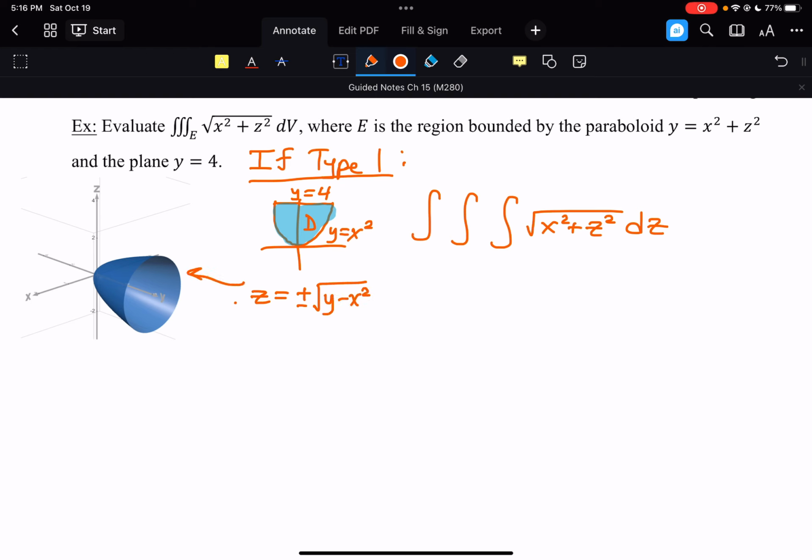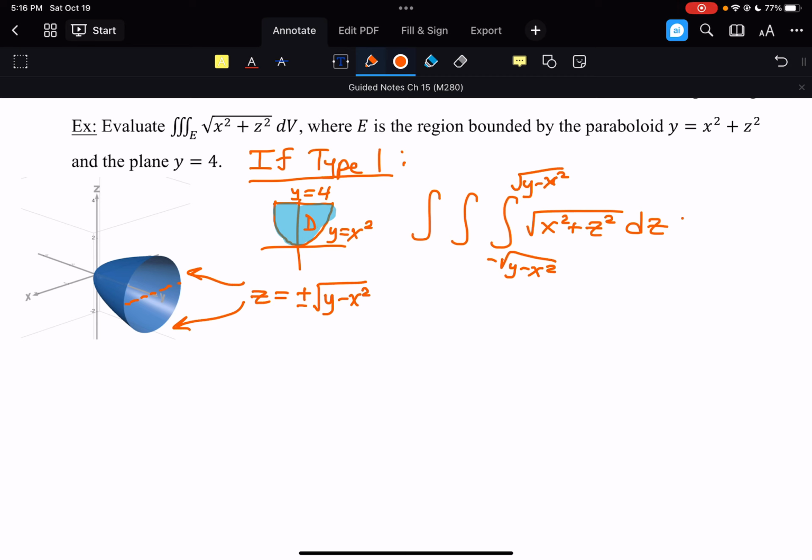So the z integral would go from negative square root of y minus x squared to positive square root of y minus x squared. And then the 2D region down here would best be done vertically, not horizontally.